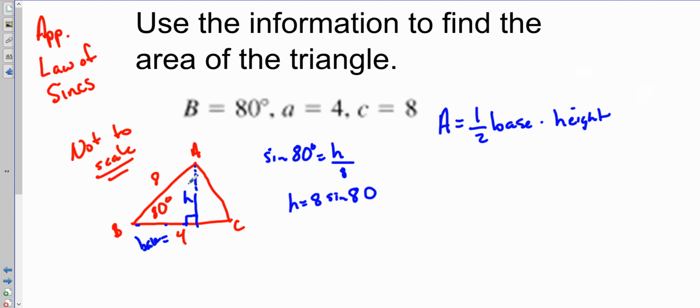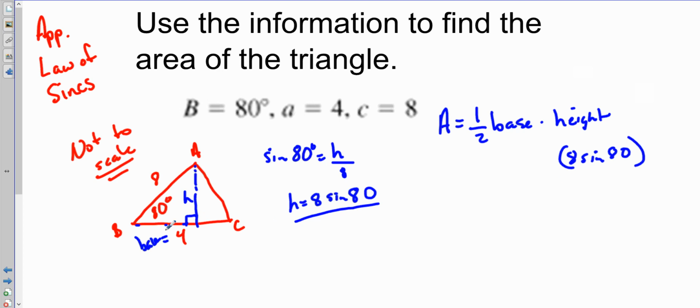That's the way it was in the other cases too, when we had to figure out if we actually have a triangle. We had to know whether h was going to be less than or greater than the opposite side for those different types of triangles with side-side-angle. Well, we figured out our height, so we can plug that in. We have 8 times the sine of 80 as our height.